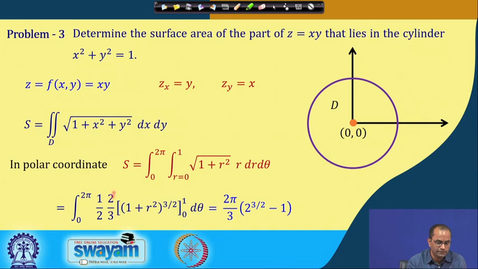So, 2 pi by 3, this 2 gets cancelled. So, 2 pi by 3, and when we put r we get 2 power 3 by 2, and when we put 0 we have 1 there. So, that is the surface area of this surface xy, which lies within the cylinder of radius 1 and center 0 0.